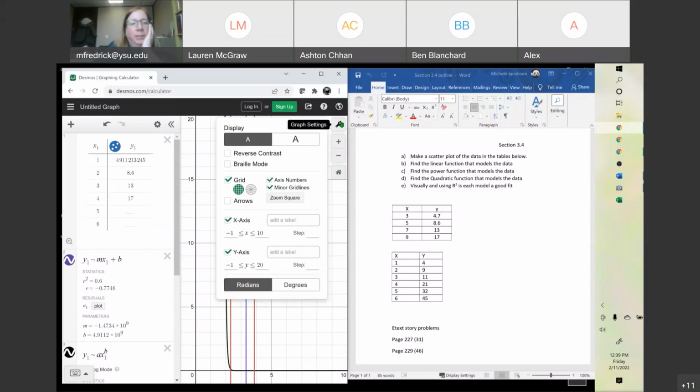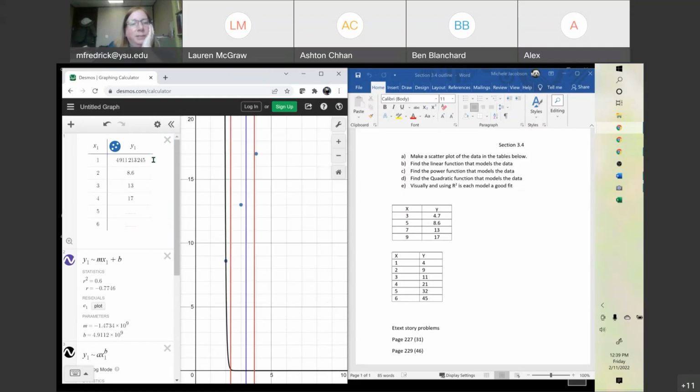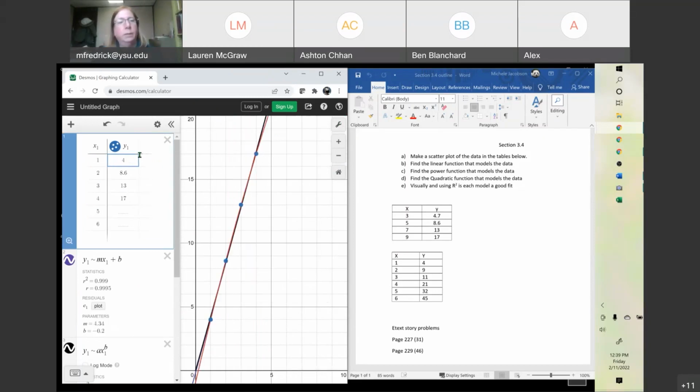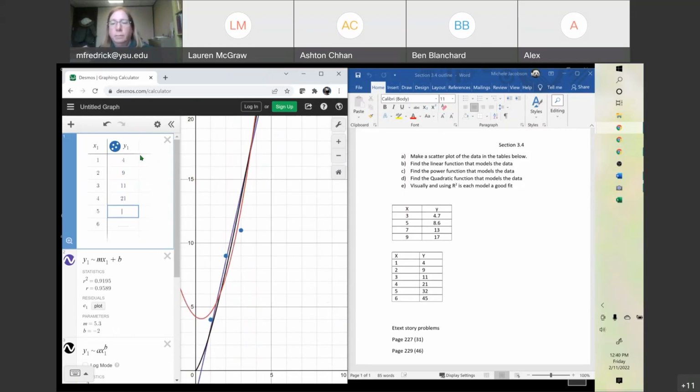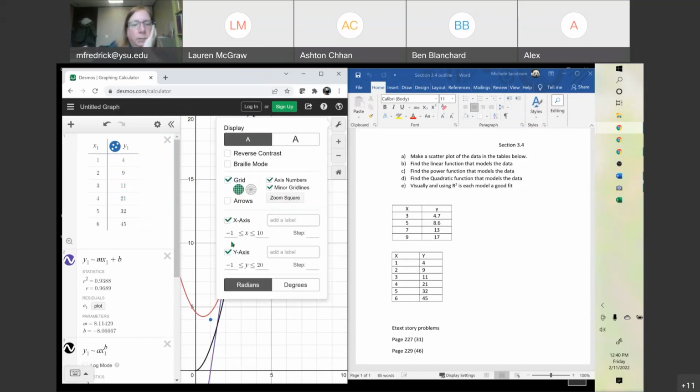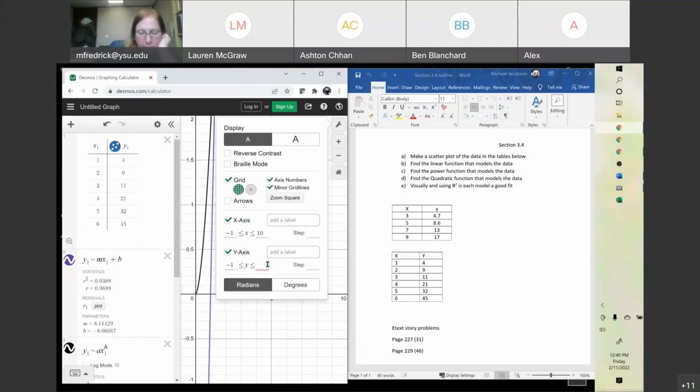And let me fix our windows. Oh, wow. It didn't. Okay. There we go. I don't know why it wasn't. So -1 to 10 is fine. -1 to 50.